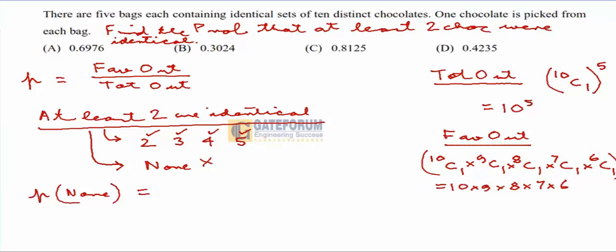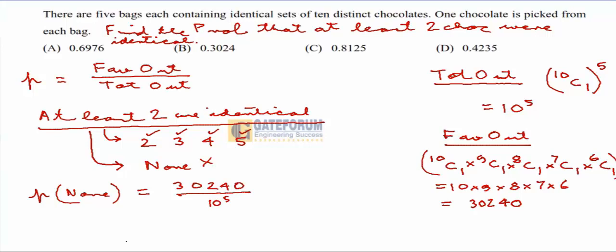Now 6 sevens are 42. 42 into 8 is 336. 336 into 9 would be 3024, and into 10 would be 30240. So this would be my favorable outcome. Therefore the probability that none of them is identical would be 30240 divided by 10 to the power 5.